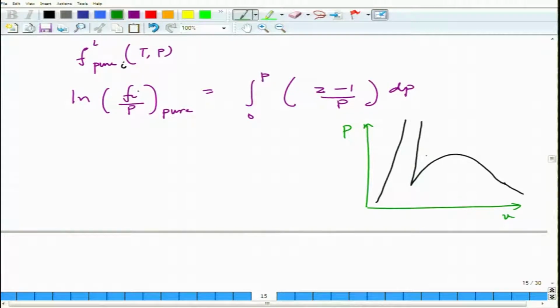Since our interest is somewhere here, this would be our point of interest. The corresponding line, I can use a solid line here, is basically the isotherm. So, our point of interest is this point, for which we are trying to calculate the fugacity.